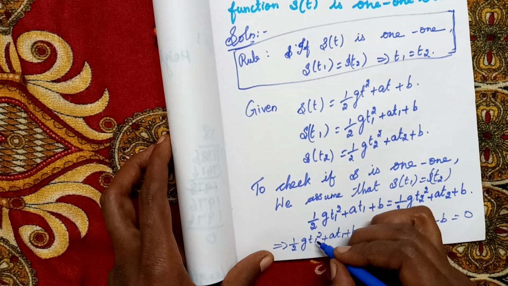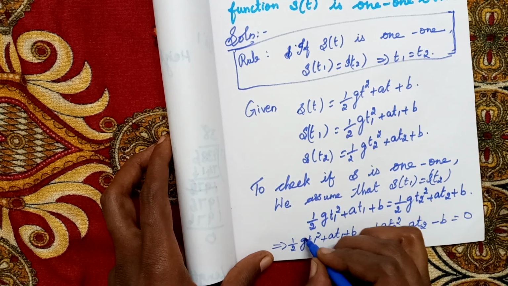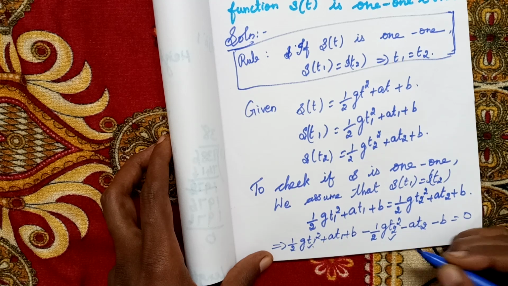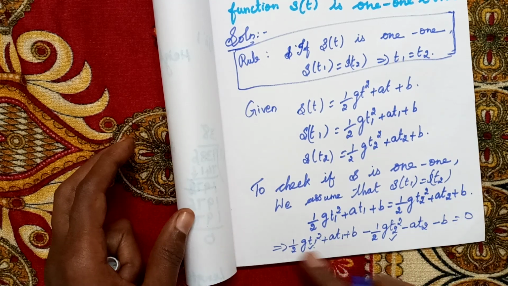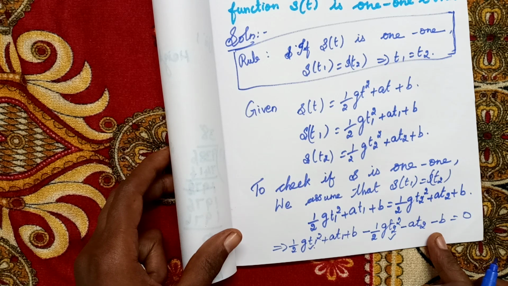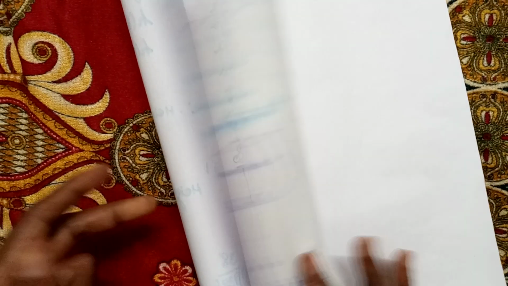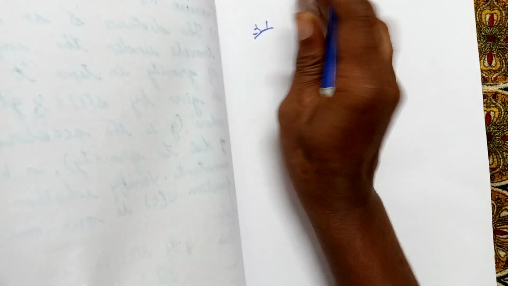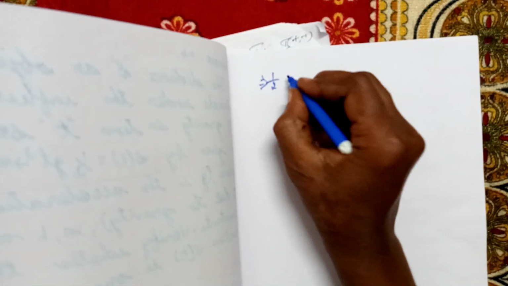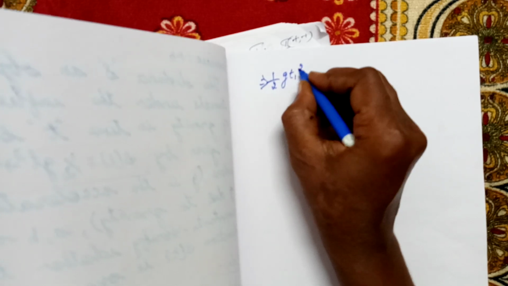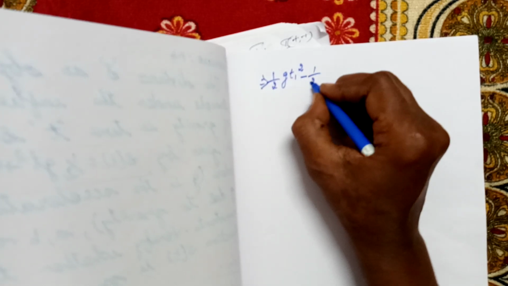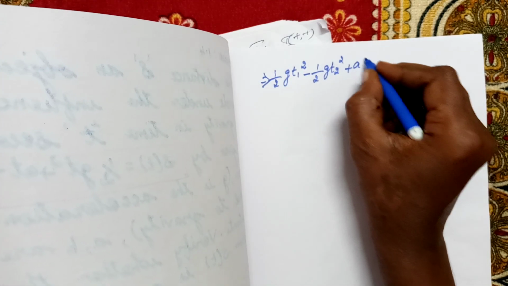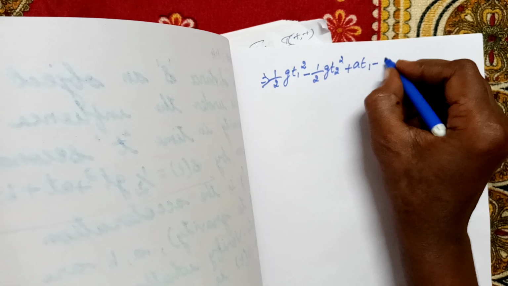Now in these two terms, half g is common. Here also half g is common. Those terms I am taking together. So what we are getting implies half g t1 square minus half g t2 square, next plus at1 minus at2.